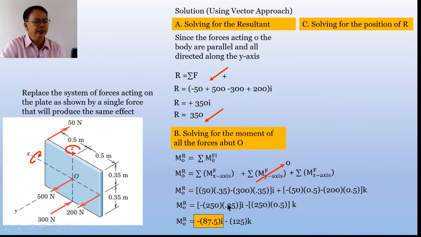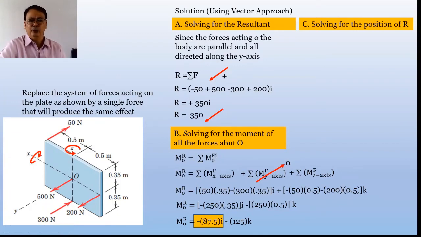And we are talking here of the moment about the x-axis because it is directed in the i direction. Sabihin ito yon. So if it is negative, ang ibig sabihin, the effect of the resultant about the x-axis is to cause a rotation opposite the rotation of this direction.